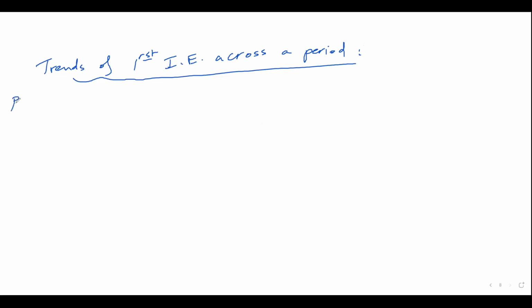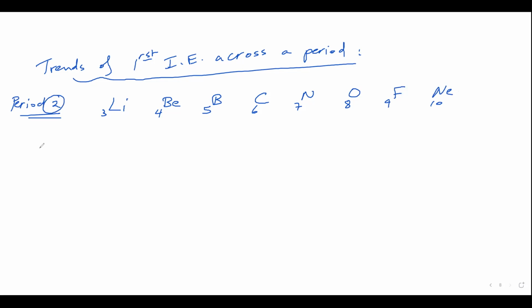So let's take, for example, period 2 and see what happens. In period 2, we have lithium, beryllium, boron, carbon, nitrogen, oxygen, fluorine, and neon. All of these belong to period 2.